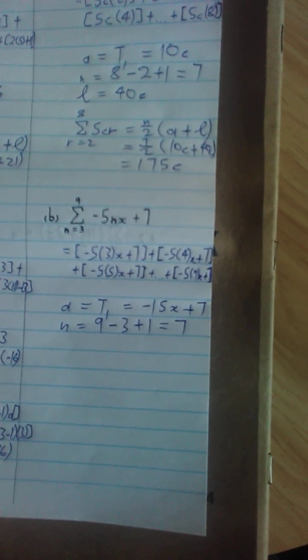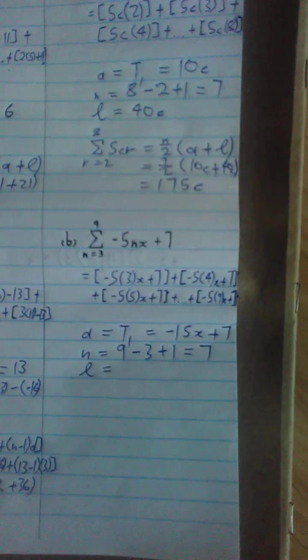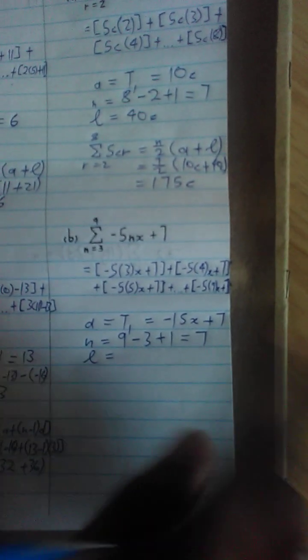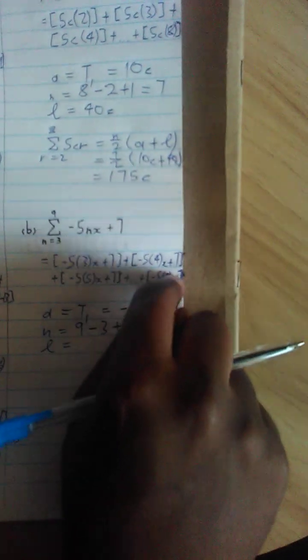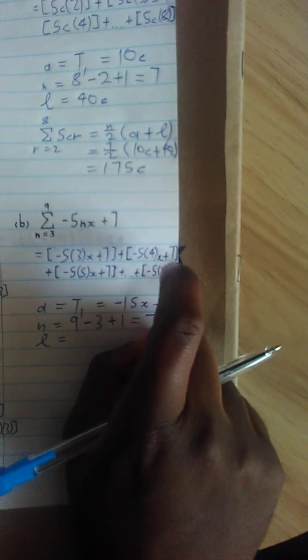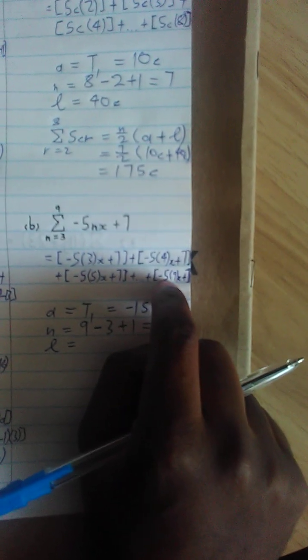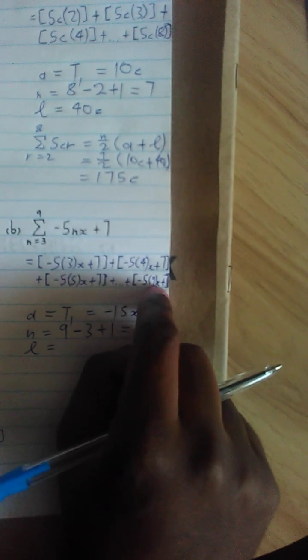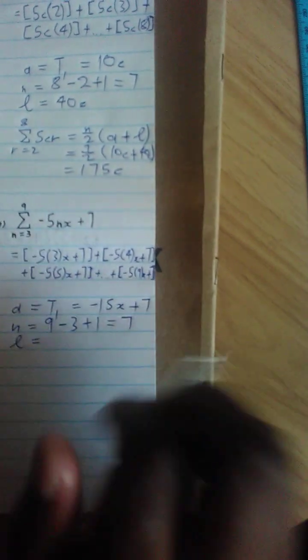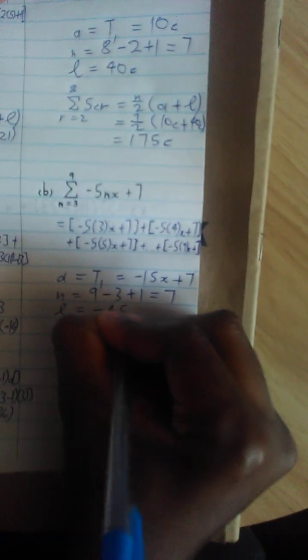L, we need L now. Even if you use this one, you will get the same result. It is the last term, which is negative 5 times 9 is negative 45. Negative 45 times x is negative 45x plus 7.